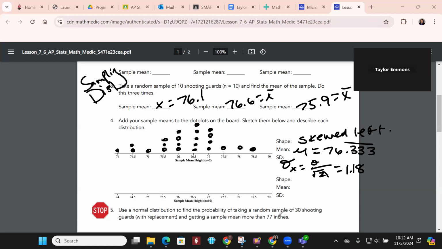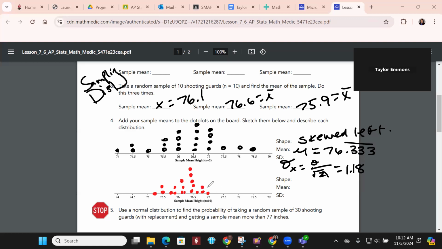If we did the same thing, but when n equals 10, we would get a graph like this. Sorry, that's a little not straight.